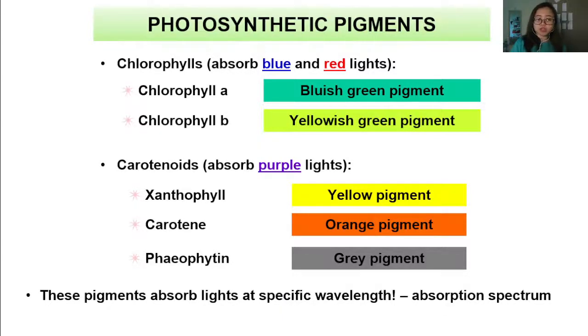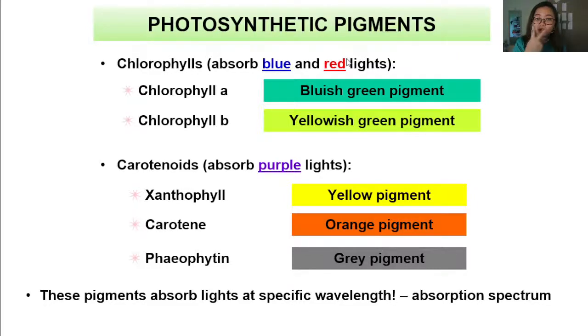When we talk about photosynthetic pigments, we can think about how chlorophyll A, chlorophyll B, and the carotenoids would absorb light. For the chlorophylls, chlorophyll A will absorb blue and red light, so it will appear as a bluish-green pigment. Yang dia serap adalah biru dan merah.